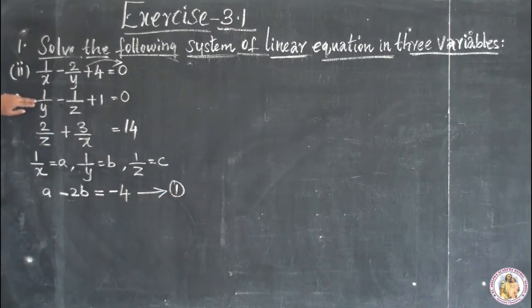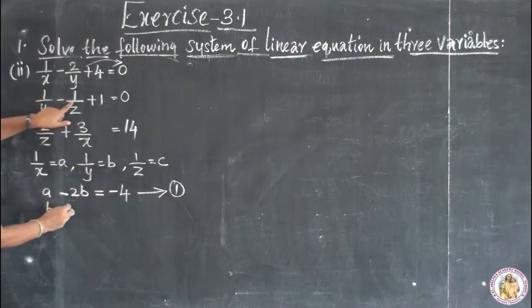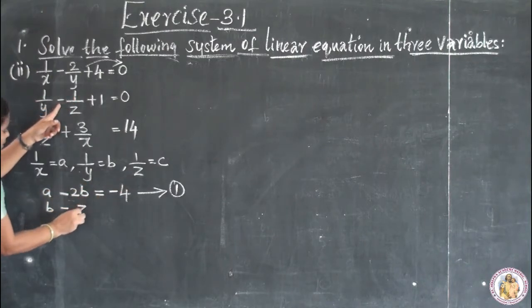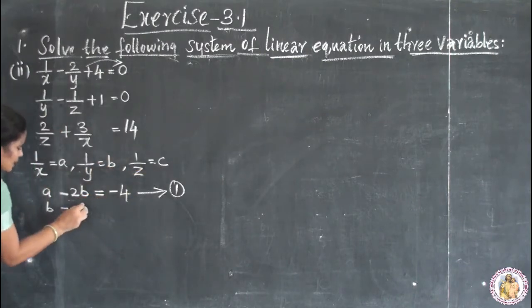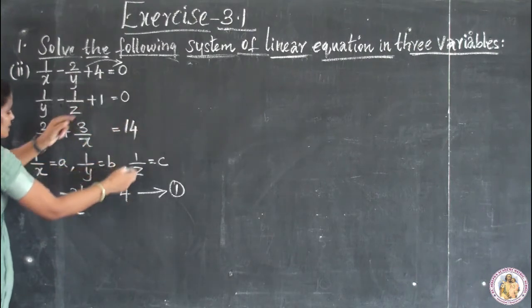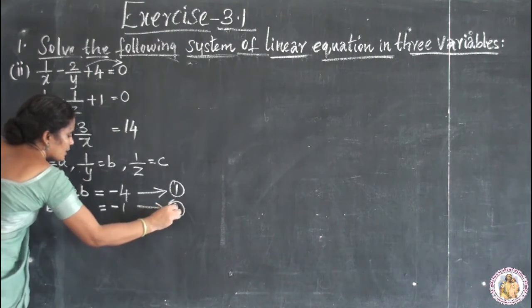Okay. 1 by y is b, so write b, and 1 by z is c, so write minus c. Plus 1, when it moves to the right side, it goes as minus 1. Taking this as the second equation.